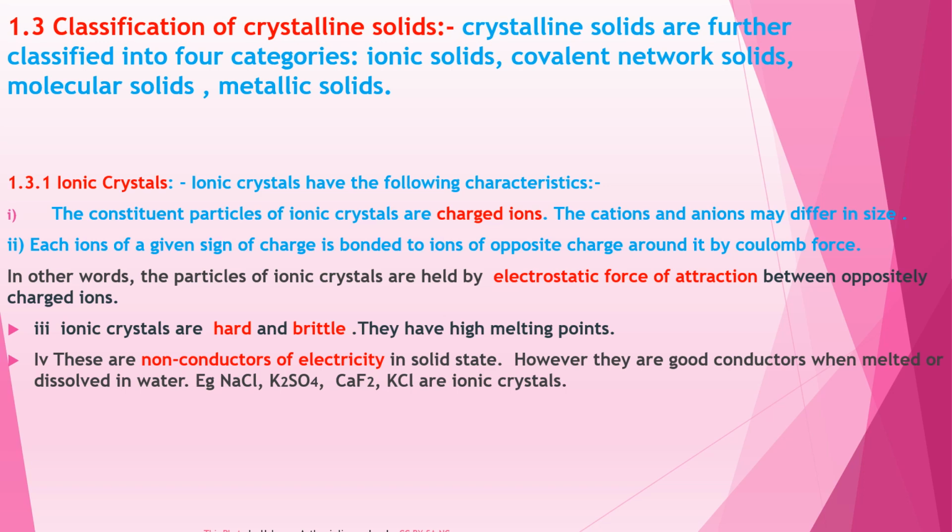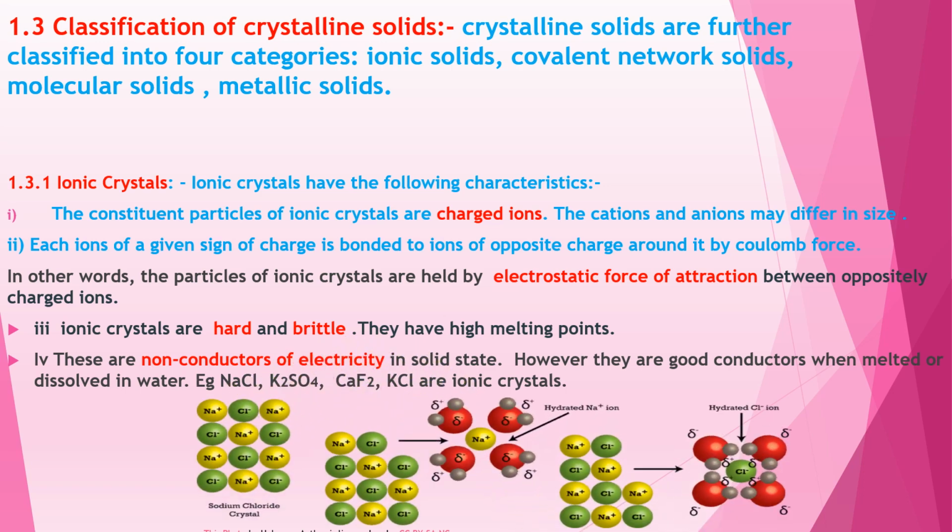For example, NaCl, K2SO4, KF, KCl are ionic crystals. This simple diagram shows the structure of NaCl. It has positive and negative ions, which attract each other and are held together by electrostatic force of attraction.